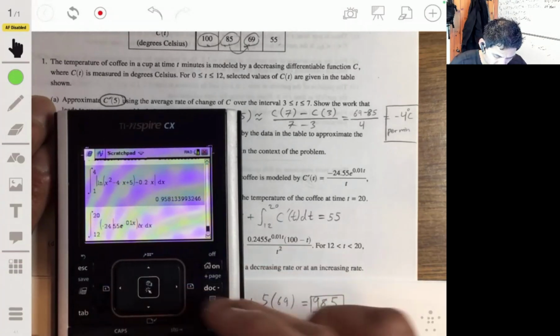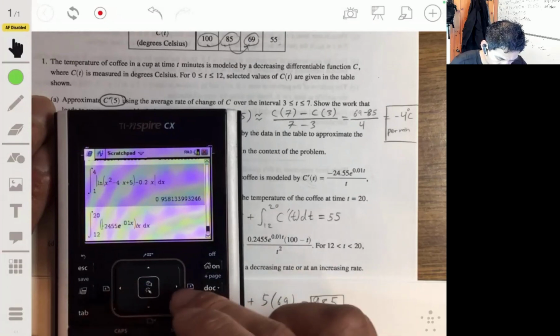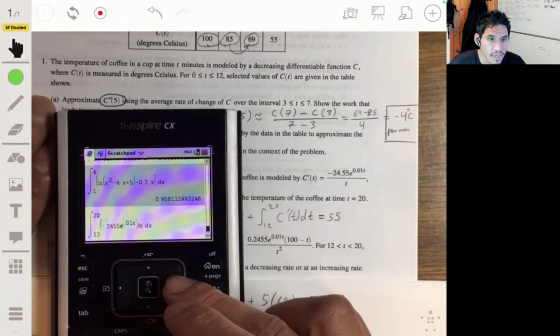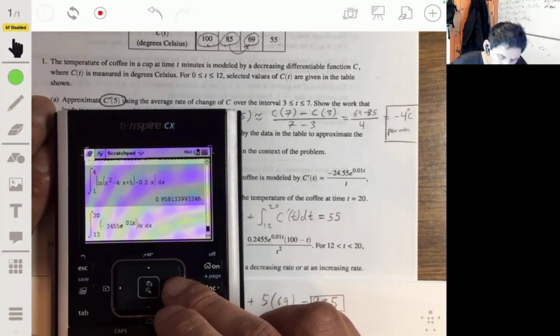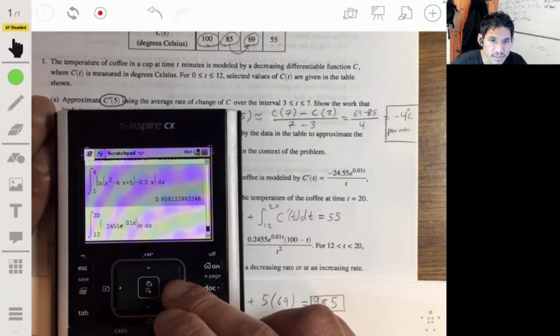Oof. Negative 0.2455 e to the 0.01 x. I really screwed this all up.